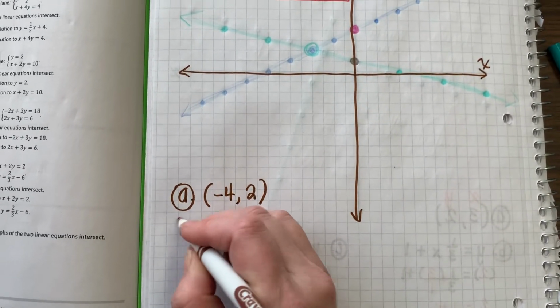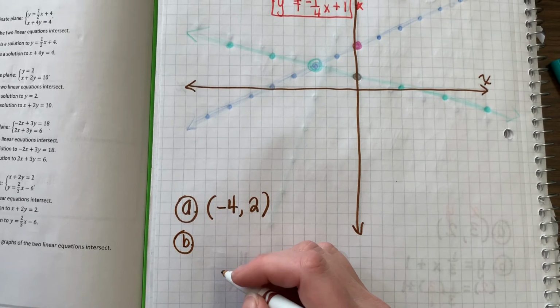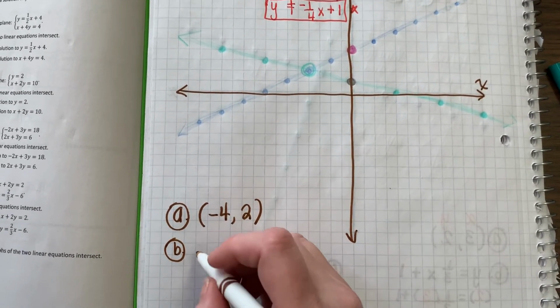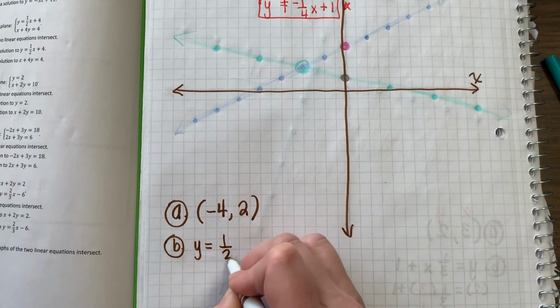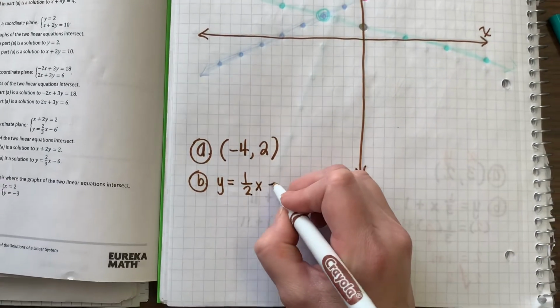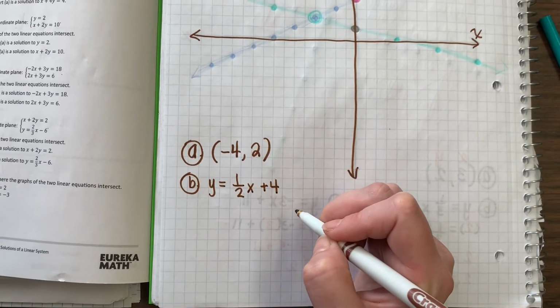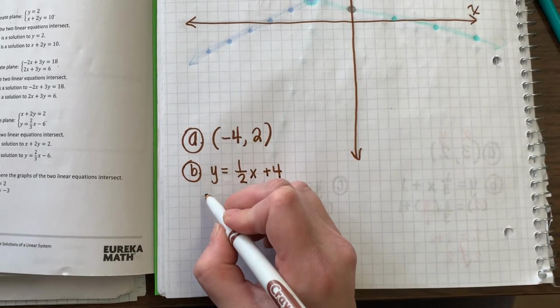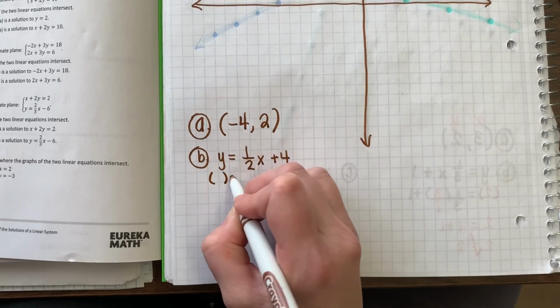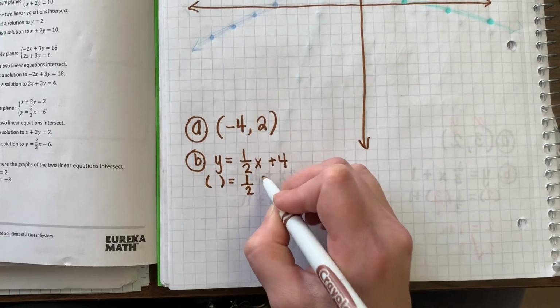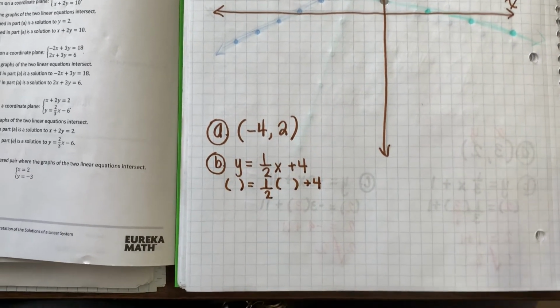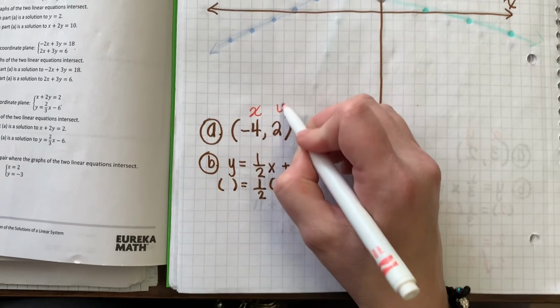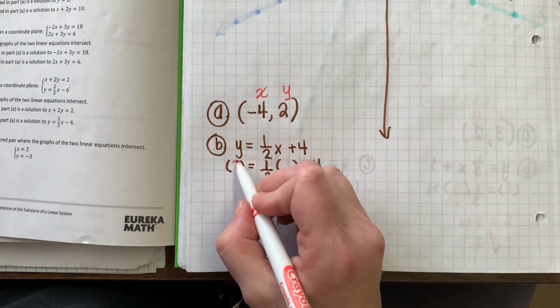Part B. Verify that the ordered pair named in part A is a solution to this equation. y equals 1/2 x plus 4. So in the place of the y, I'm going to put parentheses. Also in place of the x, I'm going to put open parentheses. For the x and the y, we just got that ordered pair. So in the place of the y, I'm going to put a 2.